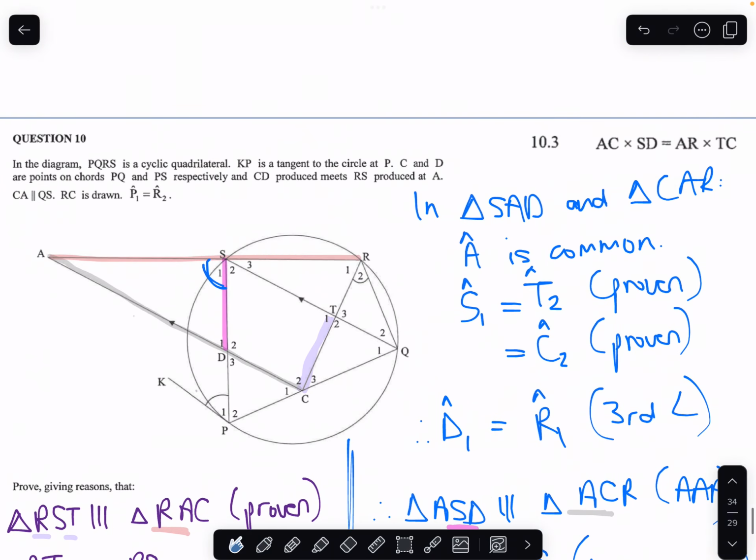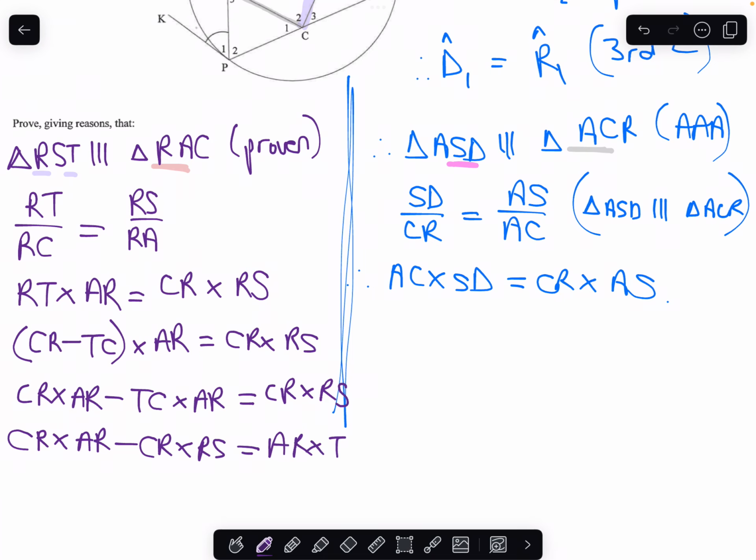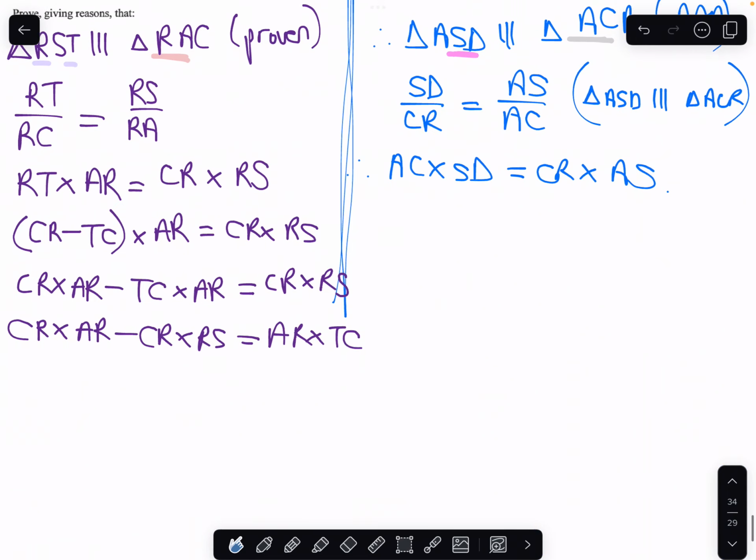Right, so now I've got the TC times AR that the question has, so I'm going to isolate it. CR times AR minus CR times RS, and then move my AR times TC term to the other side. AR times TC, as the question has it. But then we notice that, well, this is the same as saying CR times AR minus RS.